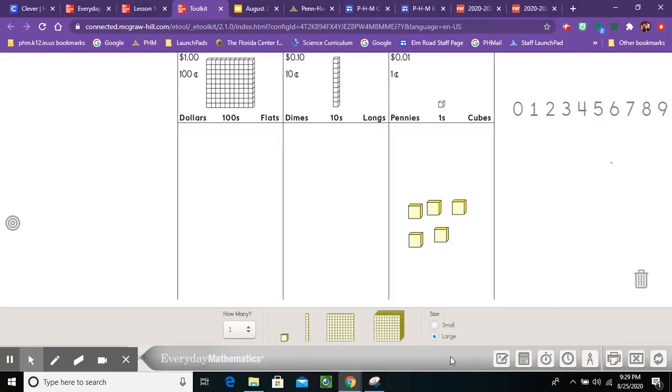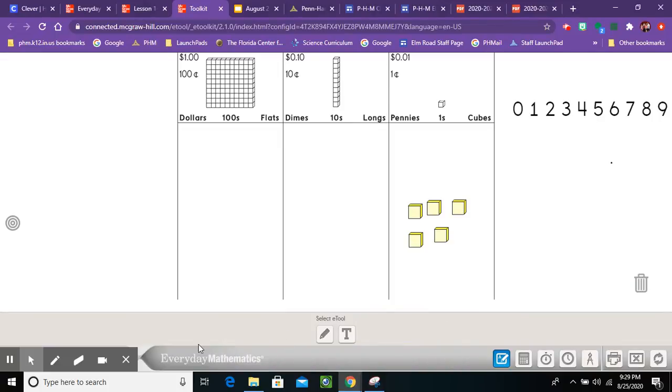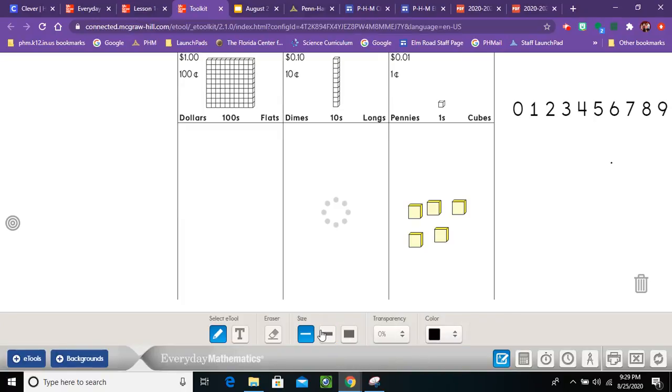All right, let me hide this so you can see my pencil. This area to the far right is called the ones place.